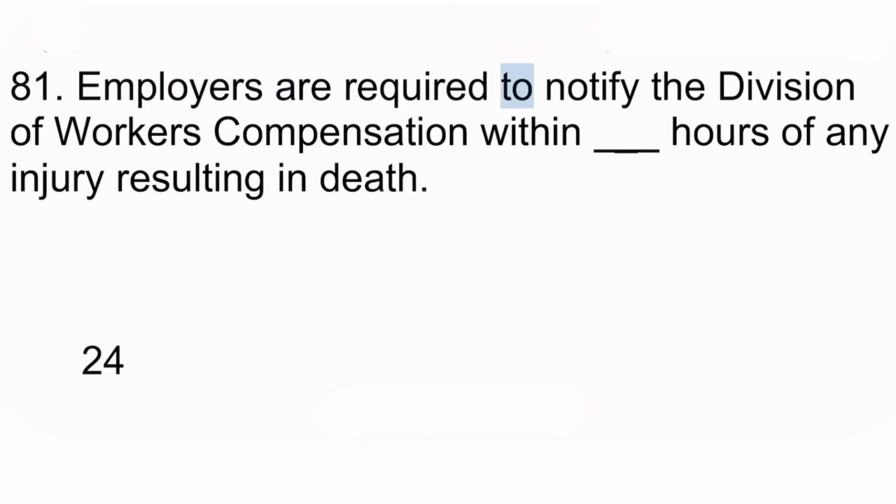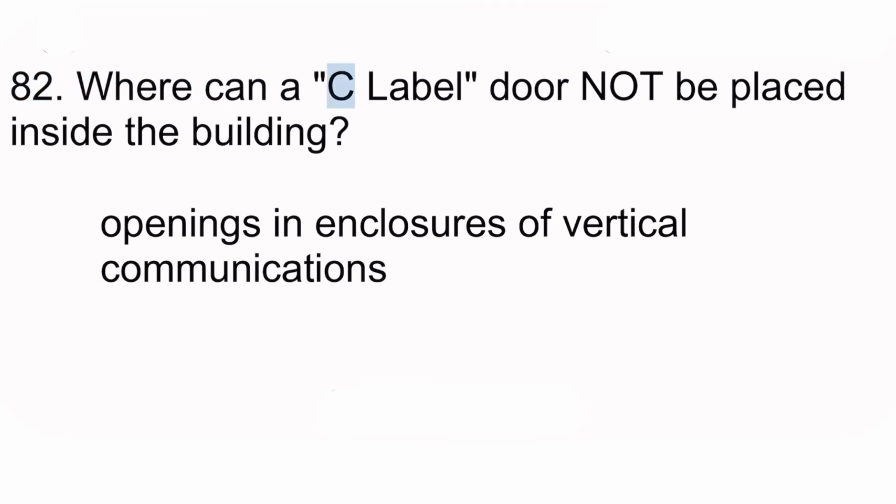Employers are required to notify the Division of Workers' Compensation within _ hours of any injury resulting in death. 24. 82. Where can a C-label door not be placed inside the building? Openings in enclosures of vertical communications.